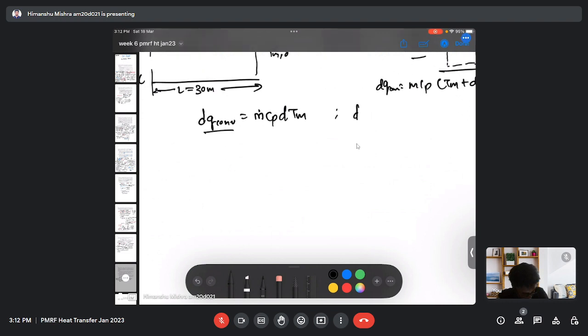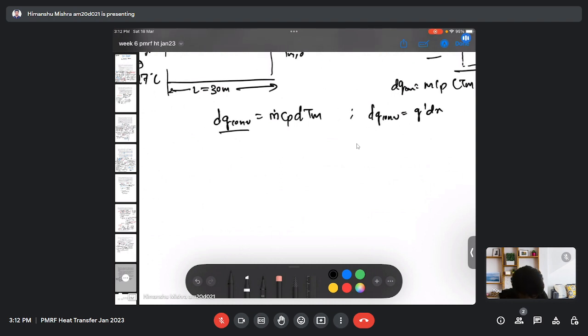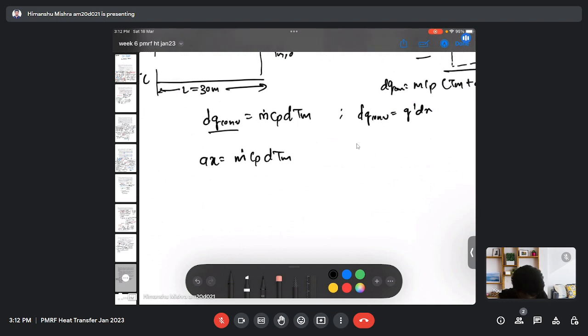Here the convection heat transfer in a small element is given by q' dx, which is Ax dx, equal to m Cp dTm.